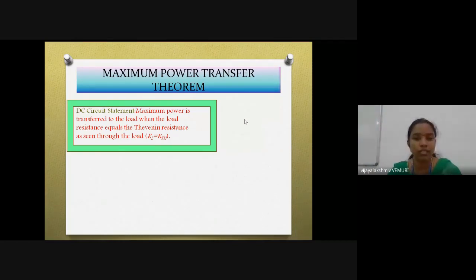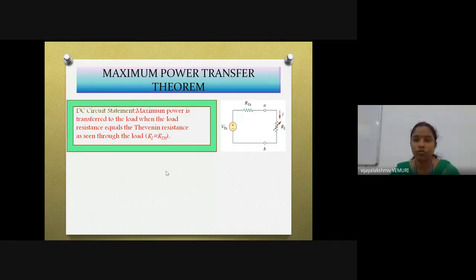When we talk about the DC circuit statement, I have a circuit like this, which has been reduced to the Thevenin equivalent circuit, and then the load resistance is added here. Whenever this load is varied, the variation starts from 0: 0 ohms, 10 ohms, 20 ohms, like that. For example, say this RTH is equal to 10 ohms after reduction.